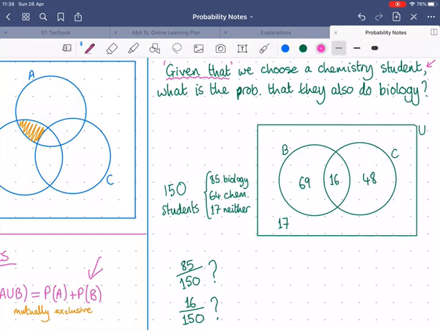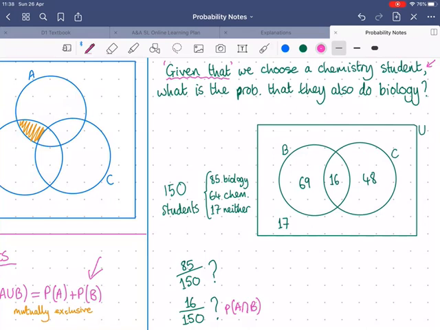But that would be the probability of the intersection, and that again ignores the first part of that statement. So how do we take this into account?